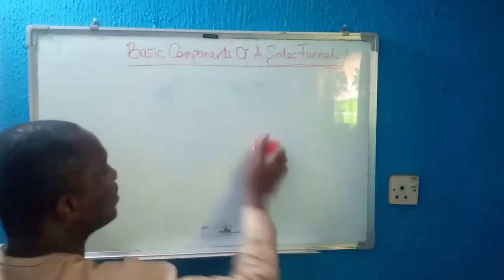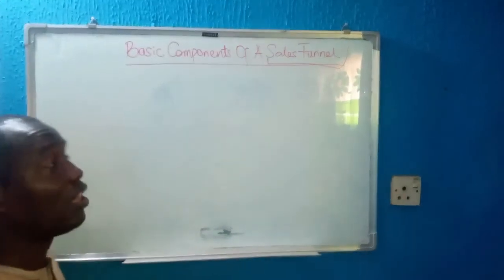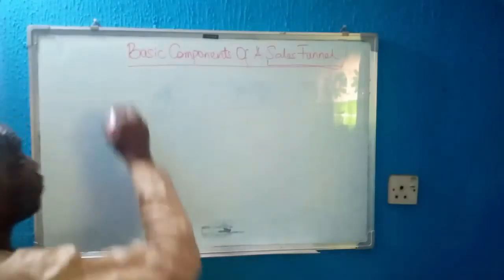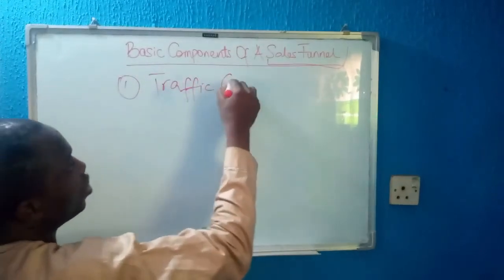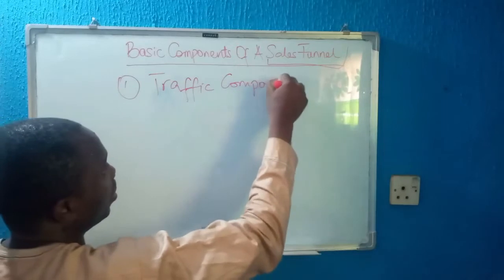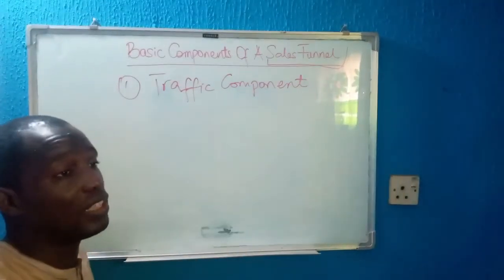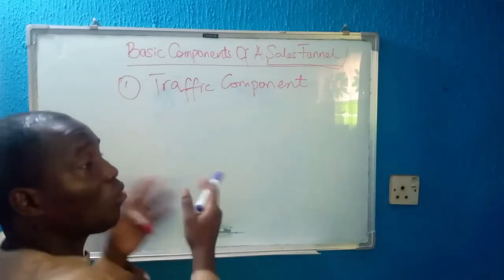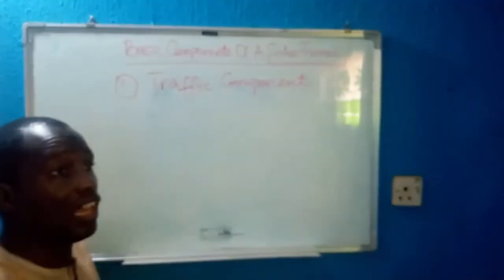So for every sales funnel, number one of the major things you find is the traffic component. And what do I mean by the traffic component? This is the component that is responsible for getting people to see what you are offering.